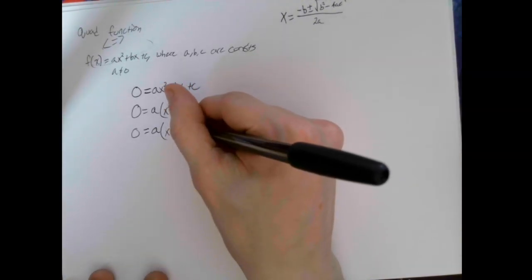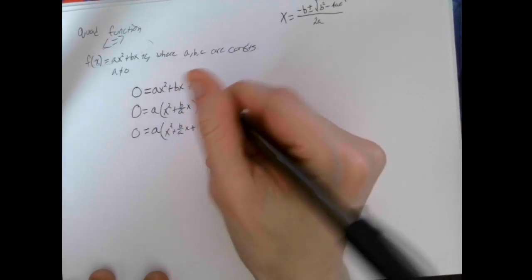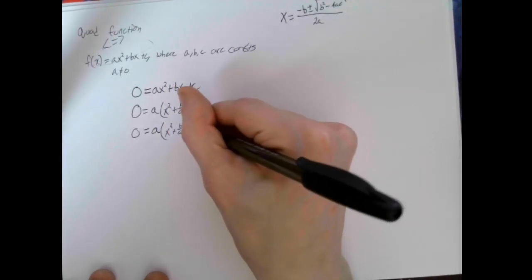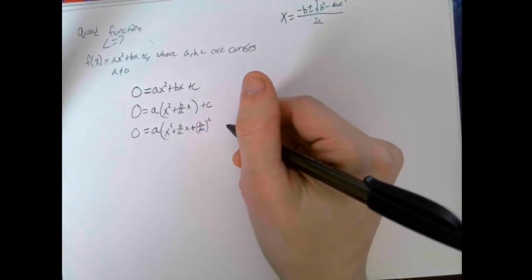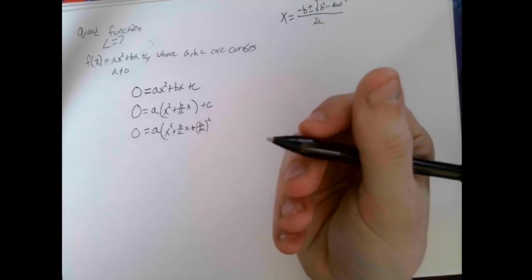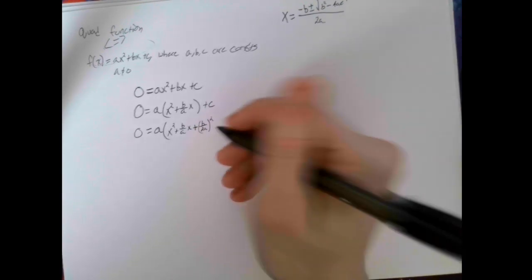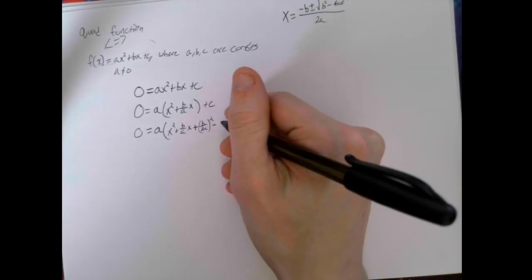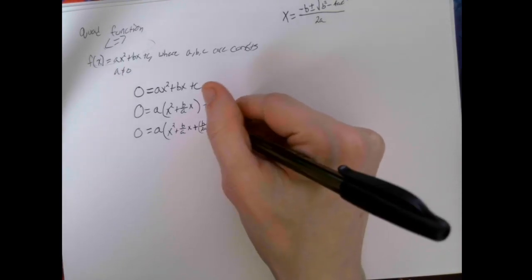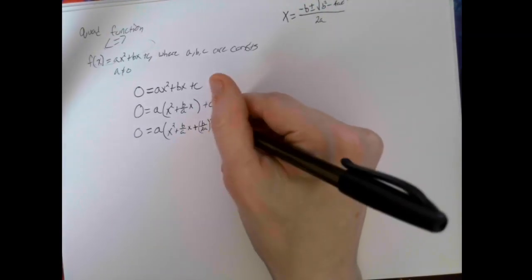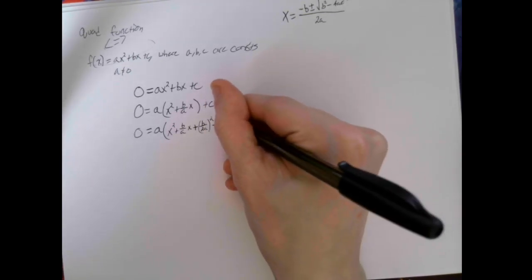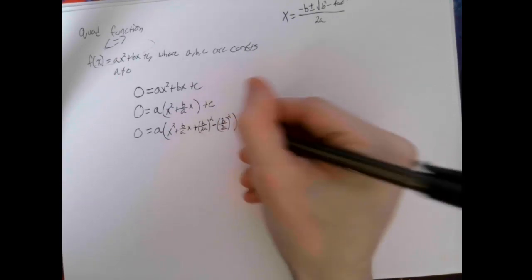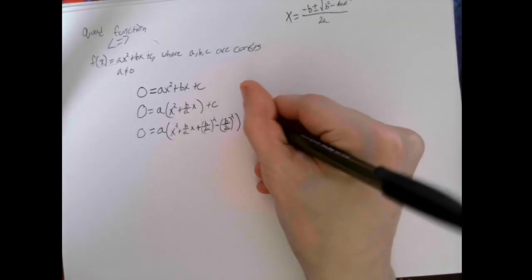So what we're going to do is add that b over 2a squared, but that would be changing it, so we have to invoke the additive identity, which is 0, and we have to subtract it as well. So we're not actually changing it, we're just putting stuff in there. So we go b over 2a, put that in parentheses and plus c.